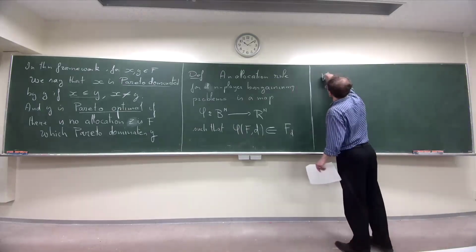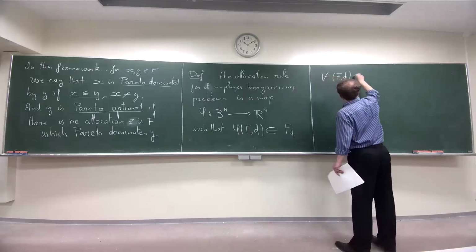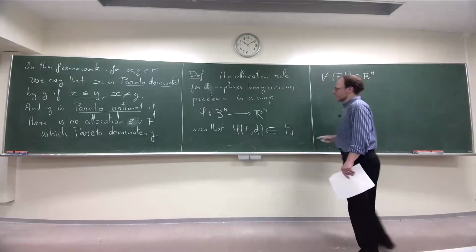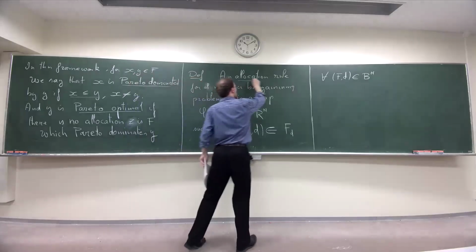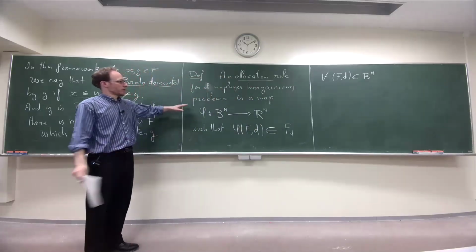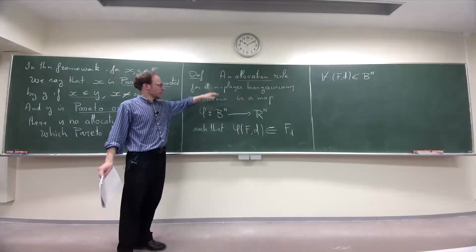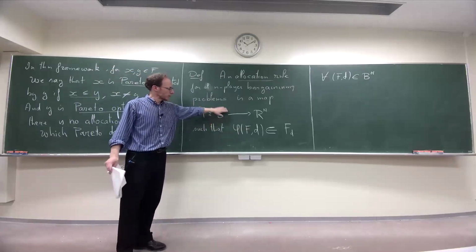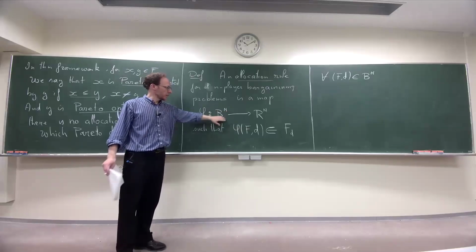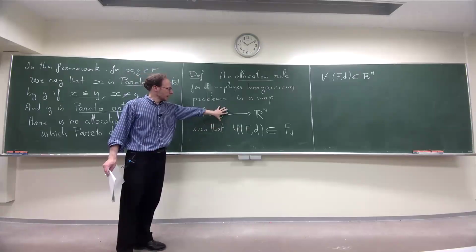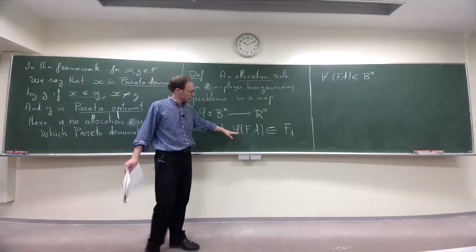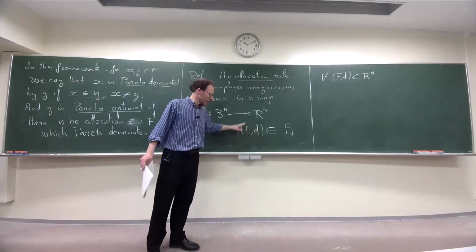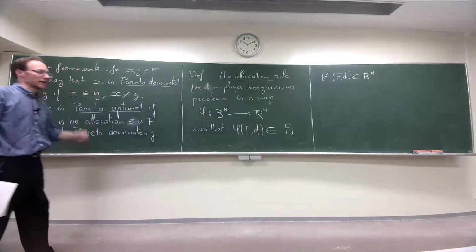Maybe I will correct this in the notes if necessary. An allocation rule is a function which takes any n-player bargaining problem, an element of the set of all n-player bargaining problems, and sends it to R^n, but more precisely, for the bargaining problem (F, d), it sends it to a point inside this subset F_d.